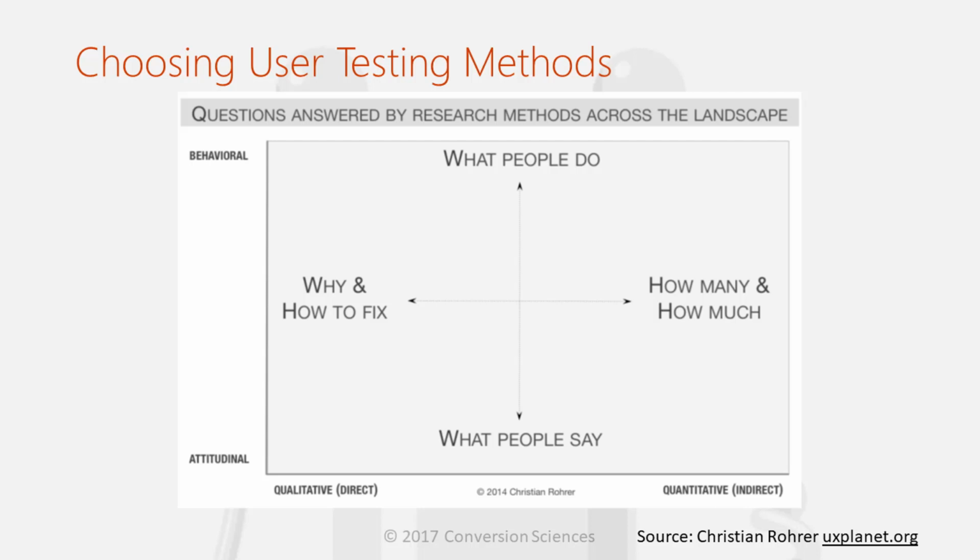When we want to know why something is broken or how to fix it, we'll generally ask for more qualitative data. When we want to know how people are going to behave, what people do, we're looking for behavioral data. And this falls into the category of analytics, heat map reports, scroll tracking reports, session recordings, and A/B testing.